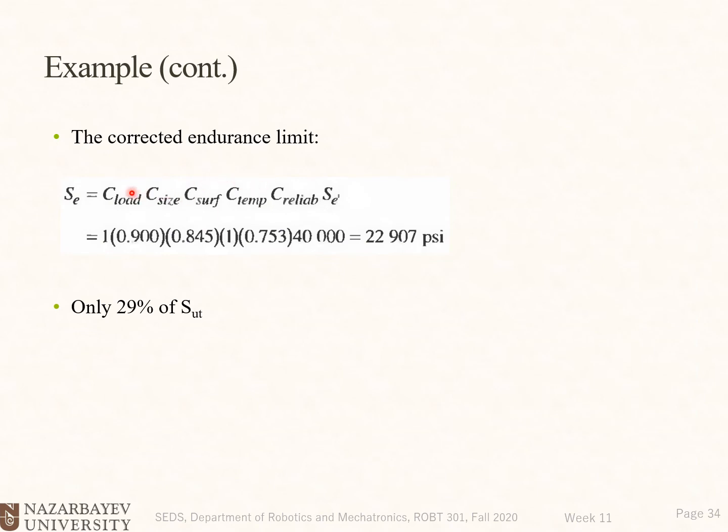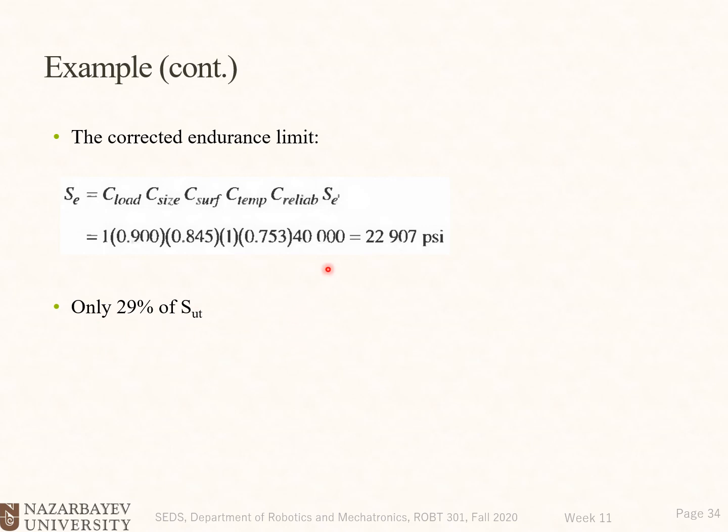Now we have all of these 5 reduction factors or correction factors, and we can find the corrected endurance limit, or fatigue strength. This endurance limit here is the fatigue strength. So we multiply all of them by the uncorrected endurance limit, and we see that SE will be equal to this number, which is only 29% of SUT.